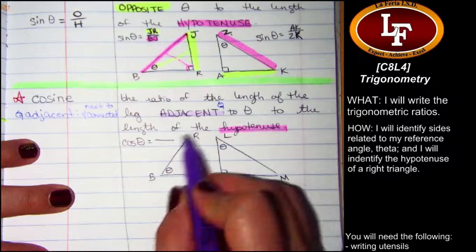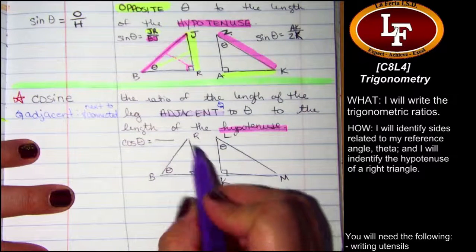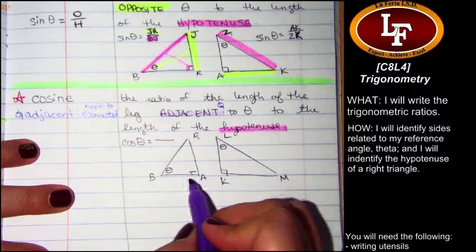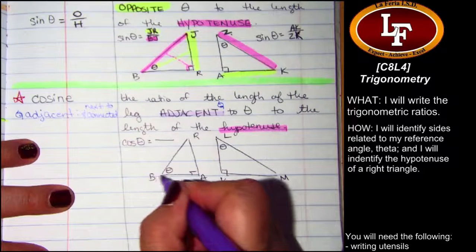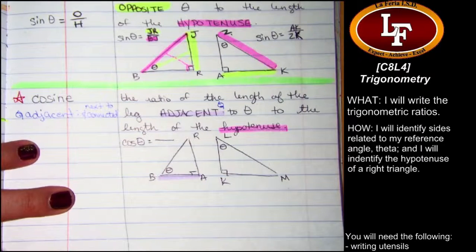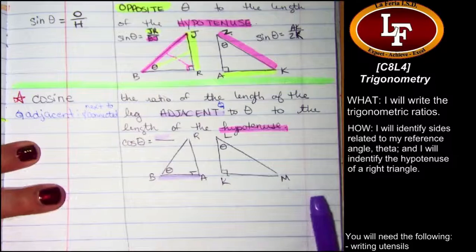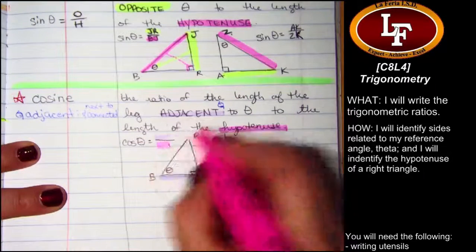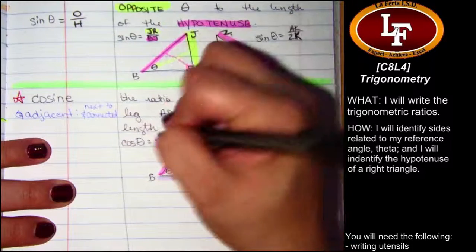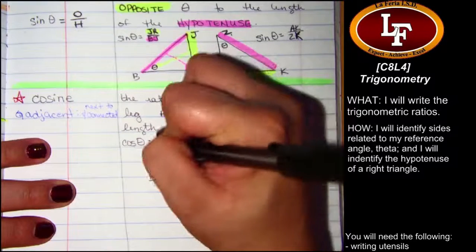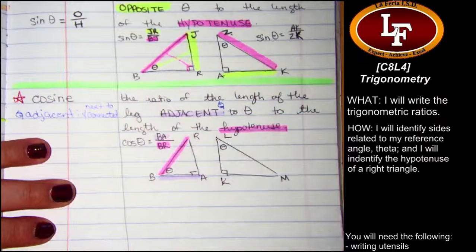So in angle BRA, which is the side adjacent to theta? BA, this one right here, because it is not the hypotenuse, but it is still next to theta. Yes, trigonometry is so easy. It really is a big word.